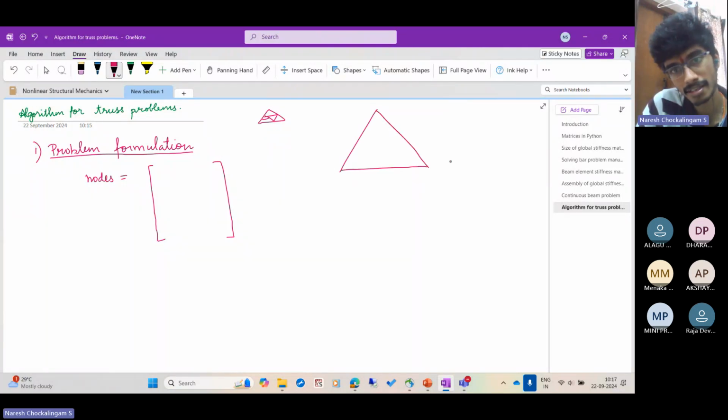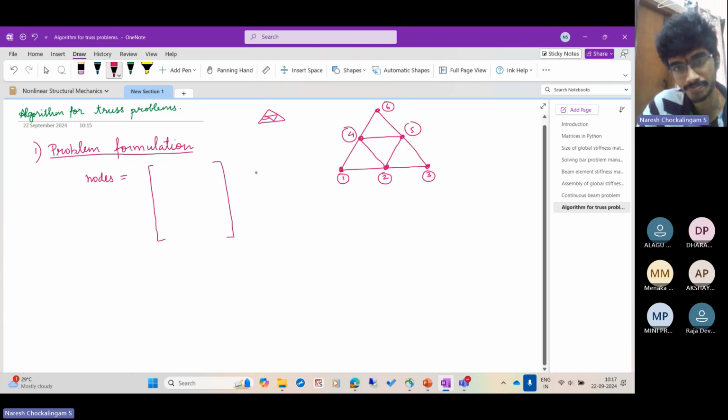Suppose we have a truss like this. This is a node, this is a node, this is a node, and this is a node. This is a node, this is a node. So let's call it node 1, node 2, node 3, node 4, node 5, node 6.